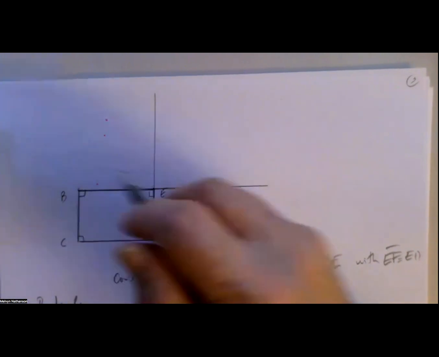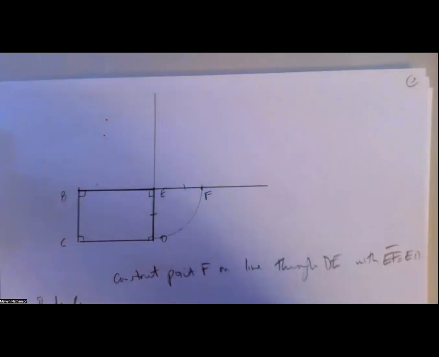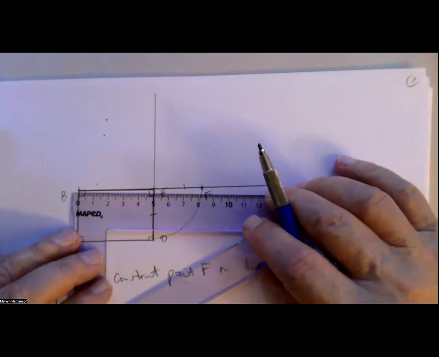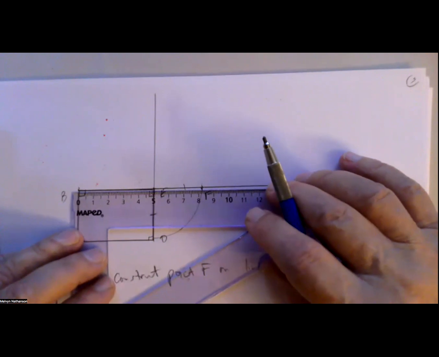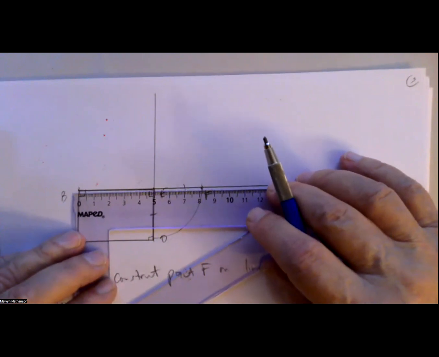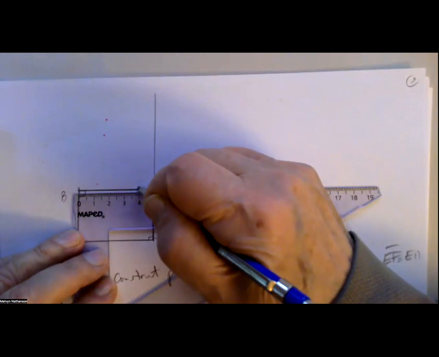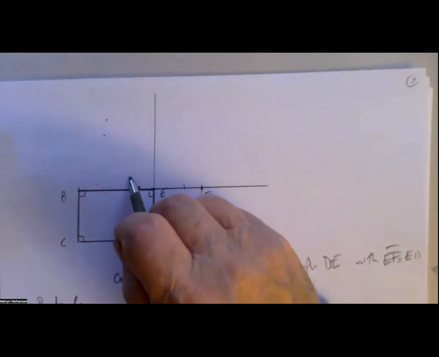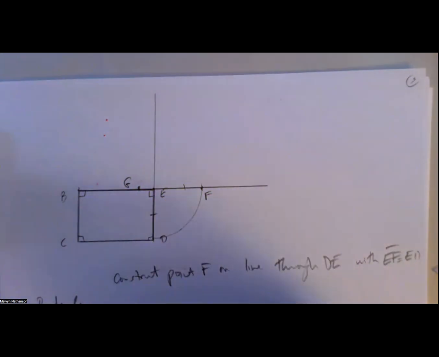Now I have the line segment from B to F. And with straight edge and compass, I can construct the midpoint and the perpendicular, well, the perpendicular bisector, but in particular the midpoint. And the midpoint is right there. So this is the point which is called G in the diagram in the text.